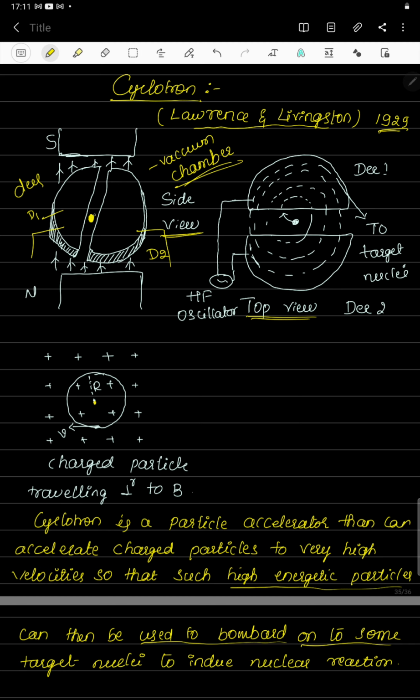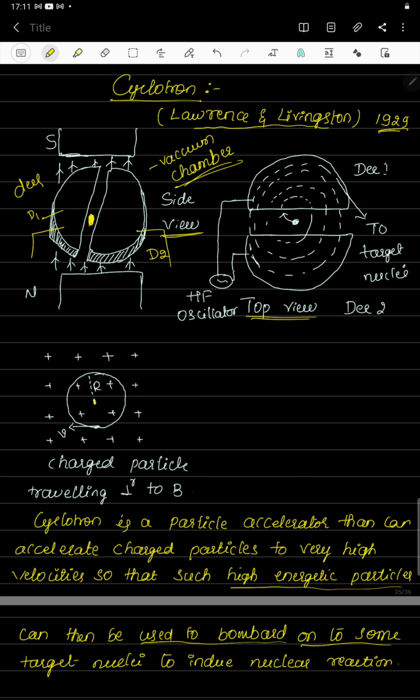In the gap between the two Ds, as they are connected to the high frequency oscillator, the particle accelerates, meaning its velocity increases. Along with that, perpendicular to the plane of the Ds, in the outward direction, there is a magnetic field. So both the magnetic field and the electric field act on the charged particle.